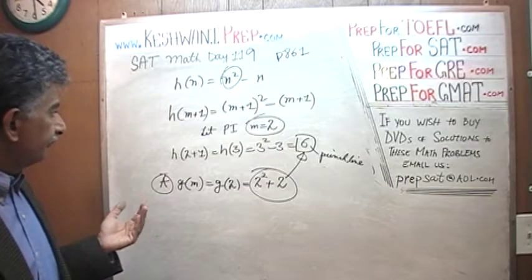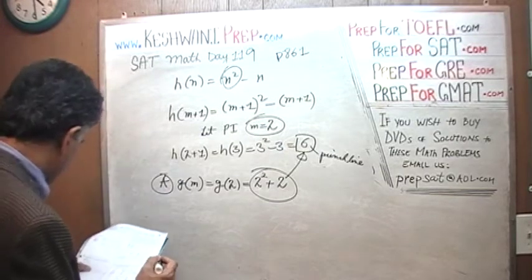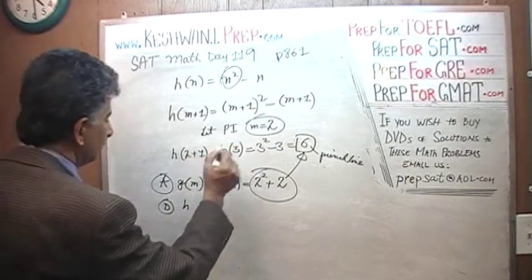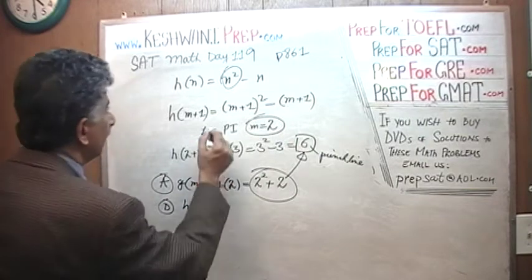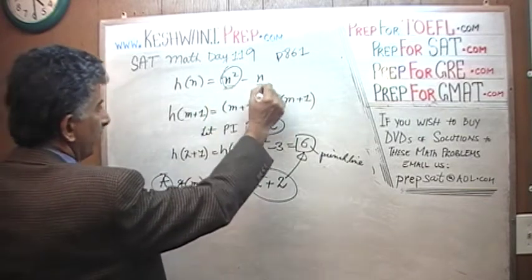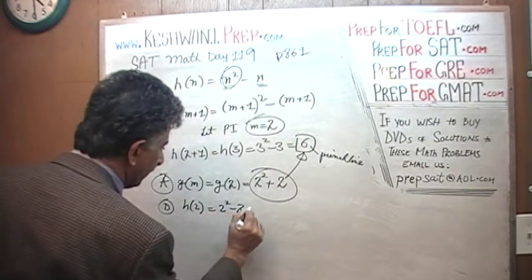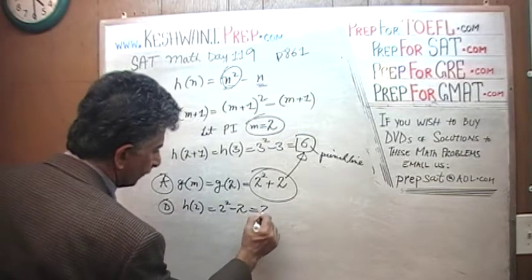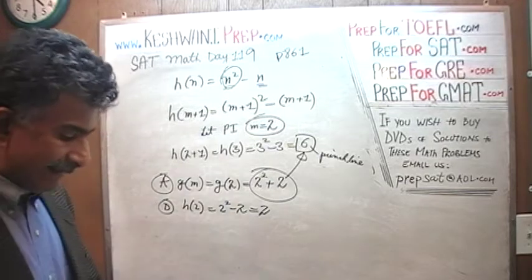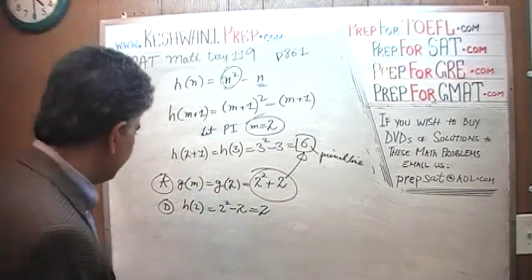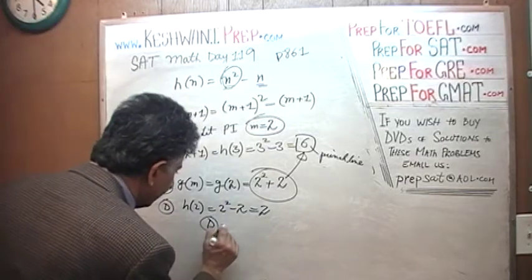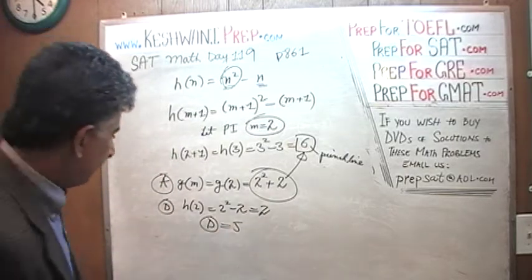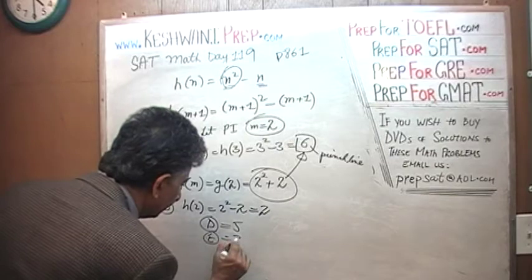And h of m, if you look at D, m is 2, so h is 2 squared minus 2, which is 4 minus 2, which is 2. So D would equal 5 because it is h of m plus 1. And E will equal 3.